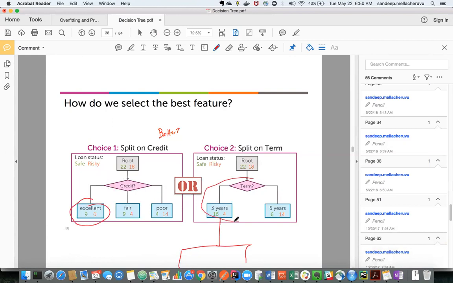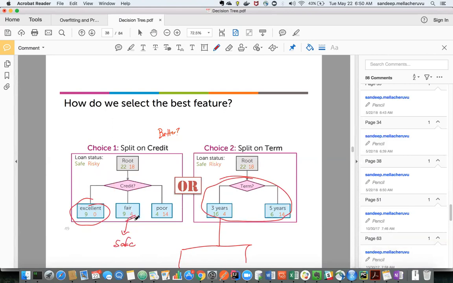For this split, both are looking the same to me, because the number of wrong answers is the same. Assume that here it is a safe loan, and your prediction is also safe loan.